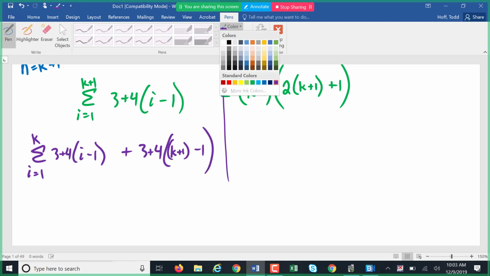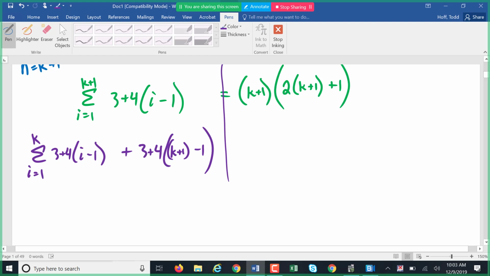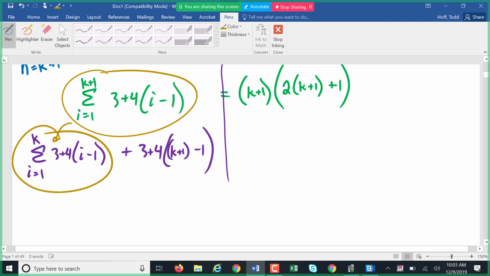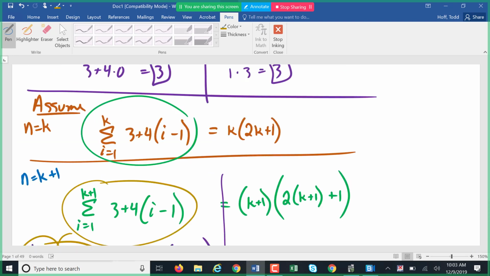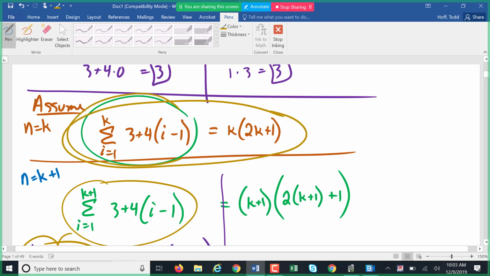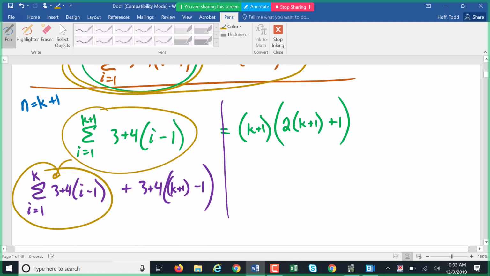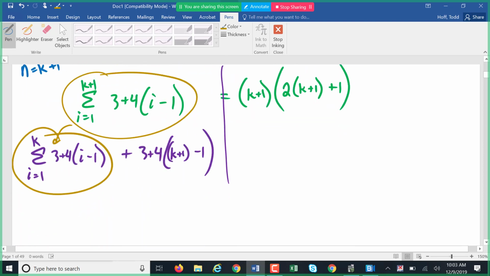So it's exactly what I did before: I removed the k plus 1 term from that summation, so I could get the summation that we assumed up here to be true. So I broke it down into this sum plus an additional term, which is all it is. So that sum is k times 2k plus 1.